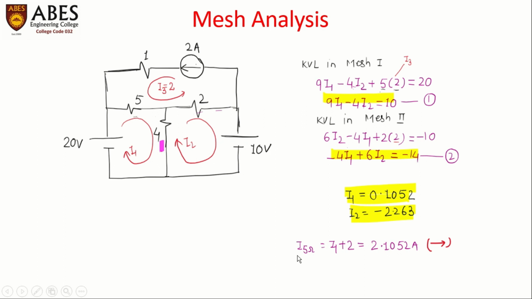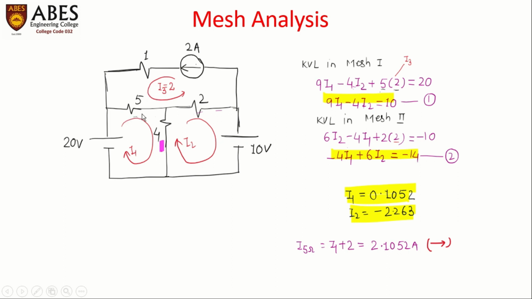For example, we find here the value of current in the 5 ohm resistance. 5 ohm again is a common resistance between mesh 1 and mesh 3. That's why the resultant current of the 5 ohm resistance would be the algebraic sum of I1, that is the mesh current of mesh 1, and I3, that is the mesh current of mesh 3.